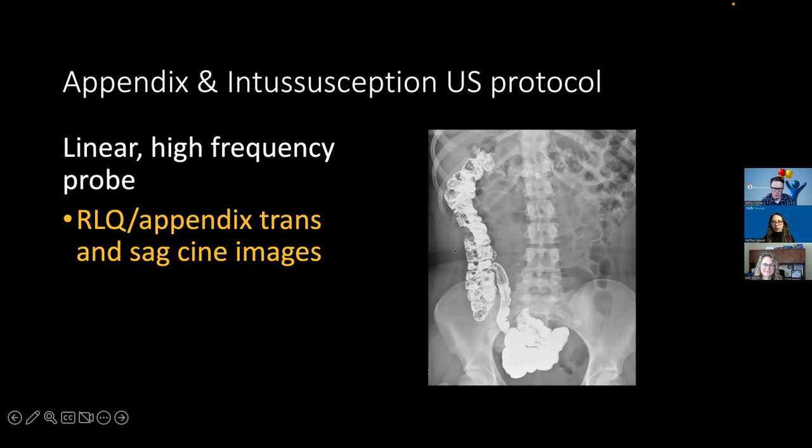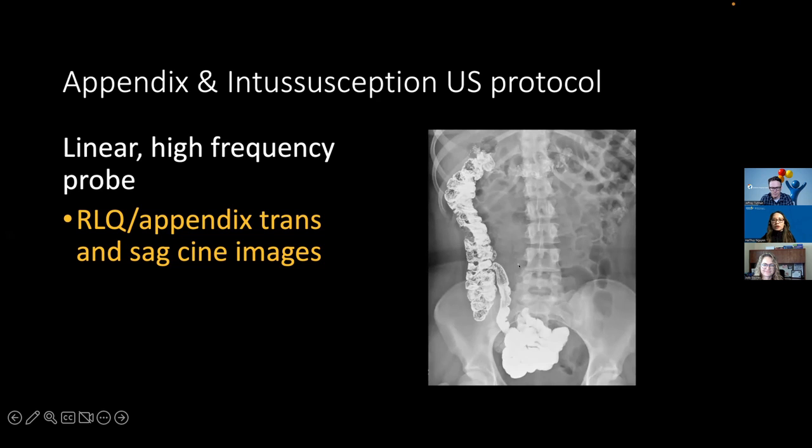In that case, I have the patient turn away from me and use one hand to press the colon out of the way and then scan from the back or the side, because sometimes you can identify the appendix that way, even if it's normal, or appendicitis, if it's retrocecal. The other thing I do is, sometimes the appendix can come off a little lower and then travel medially, which is why they have periumbilical pain.